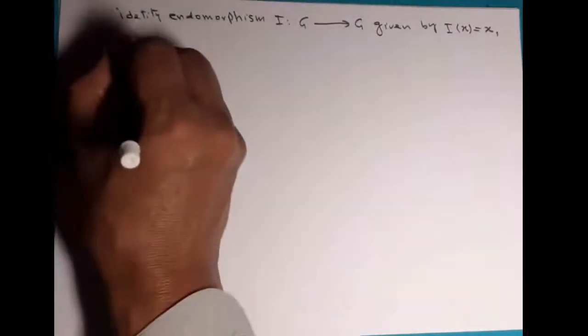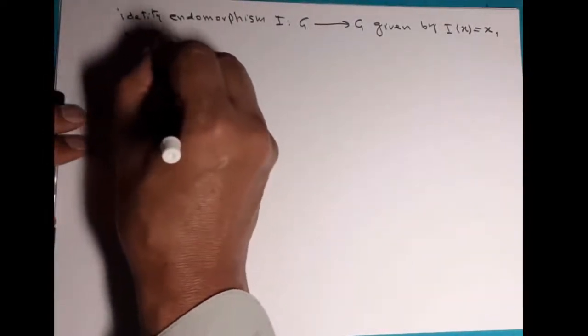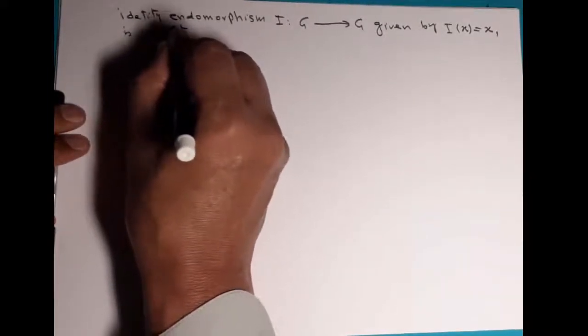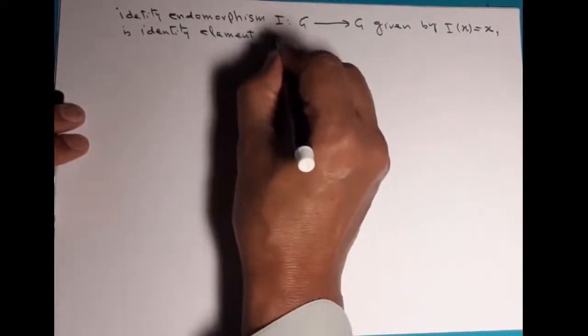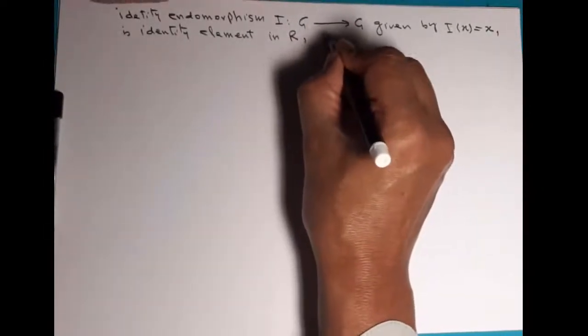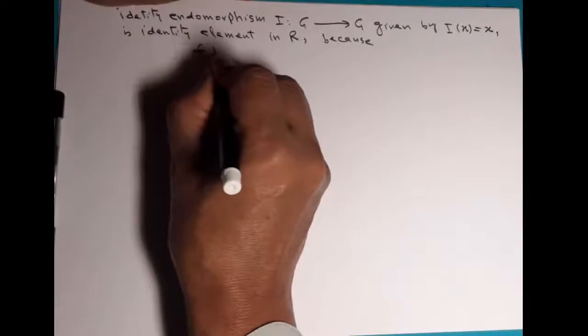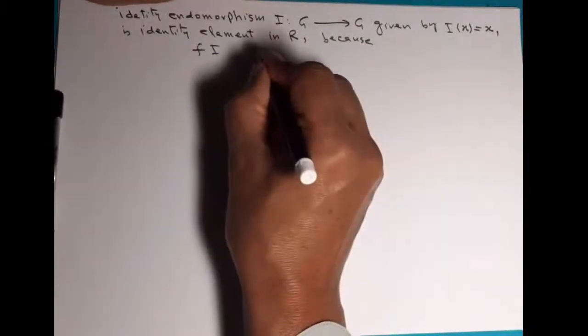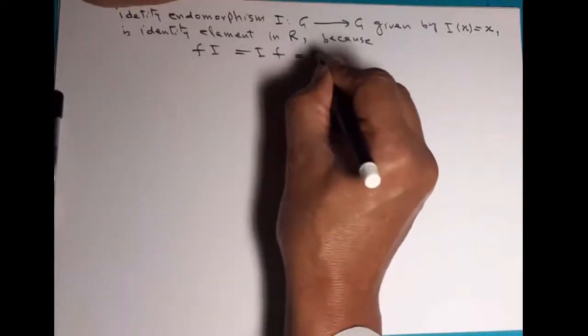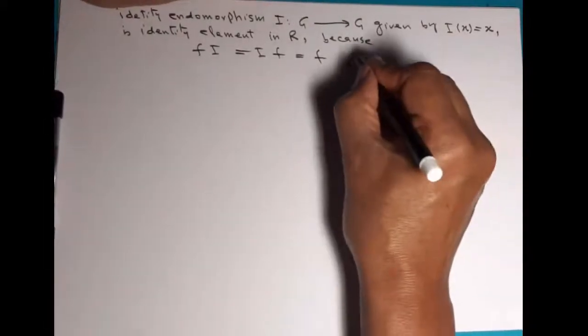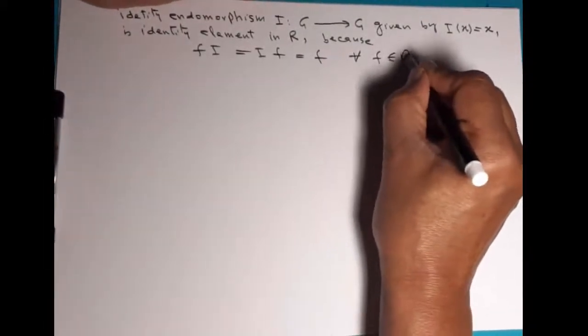So the identity endomorphism I is the identity element with respect to multiplication in R. The reason is that if we compose any endomorphism with the identity endomorphism, or the identity endomorphism with any endomorphism, the results will be equal to the endomorphism F, and this is for all F belonging to R.